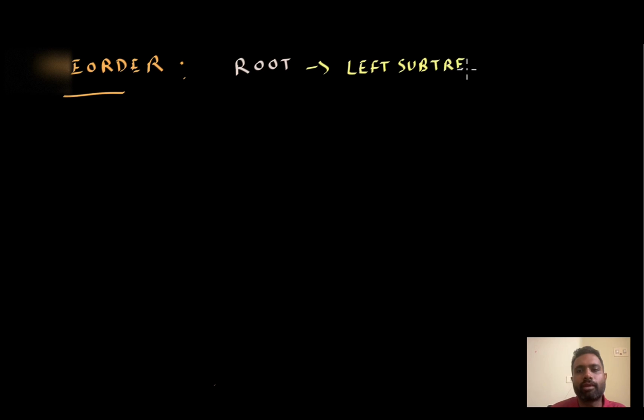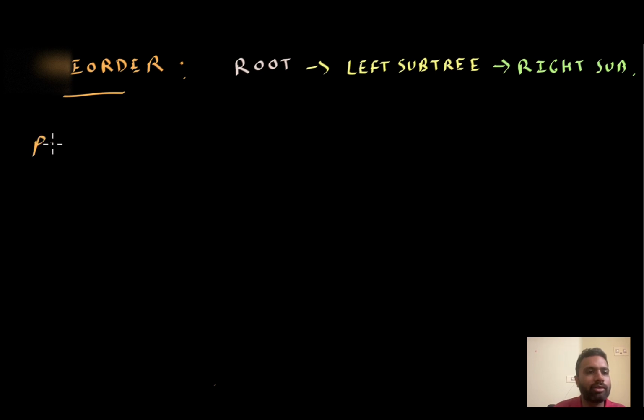Pre-order, that means first will be root, then it will be left subtree, and then it will be right subtree. So this will be the sequence in pre-order.